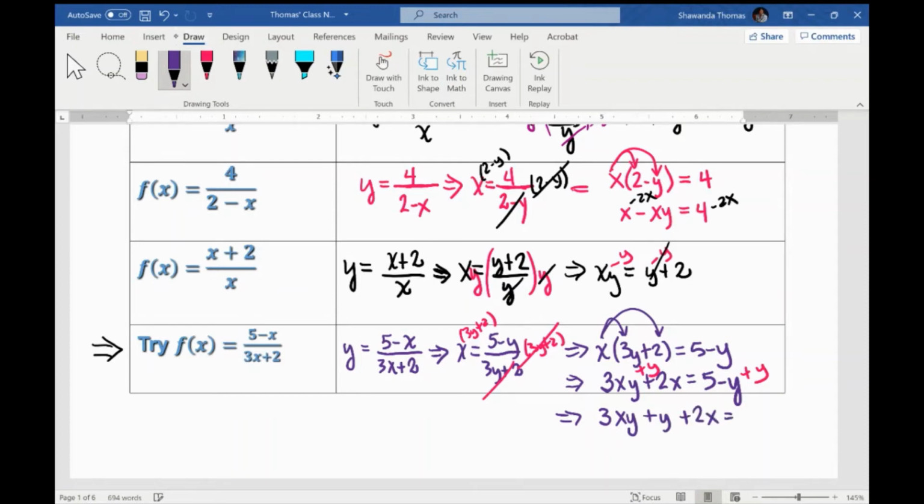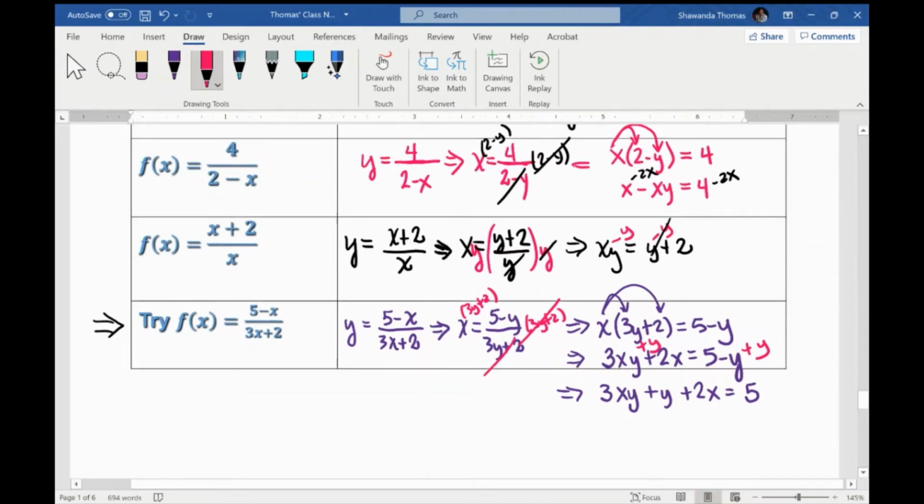Because we want the y's on the same side. But what do we need to get rid of now that we added the y to the left side? I only want y's on one side by itself. I don't want other terms there. So what do we need to do now?